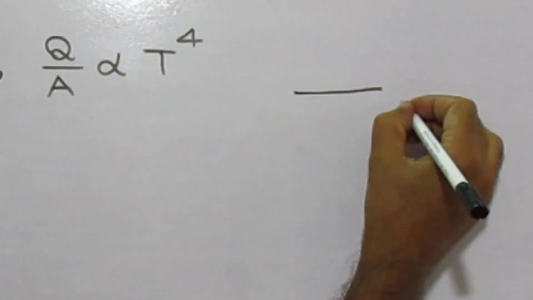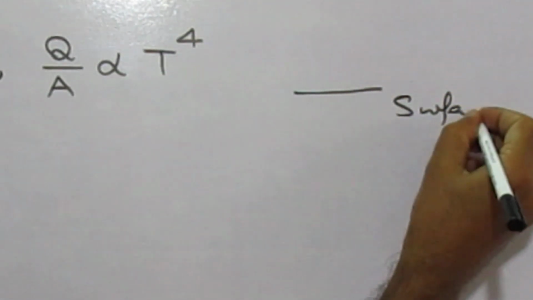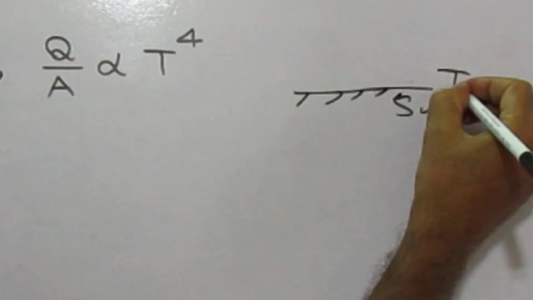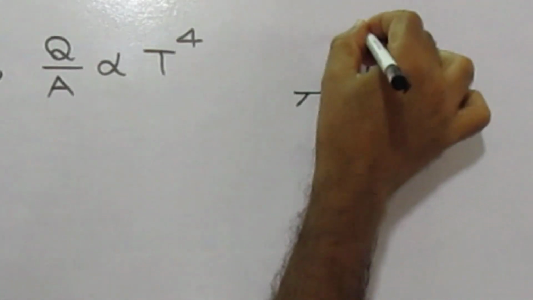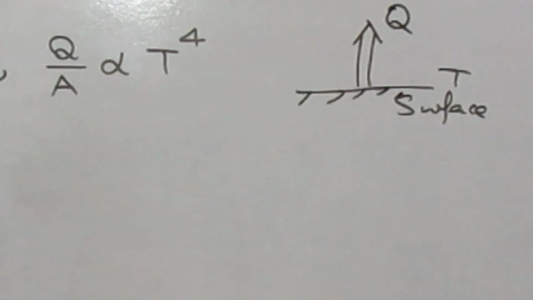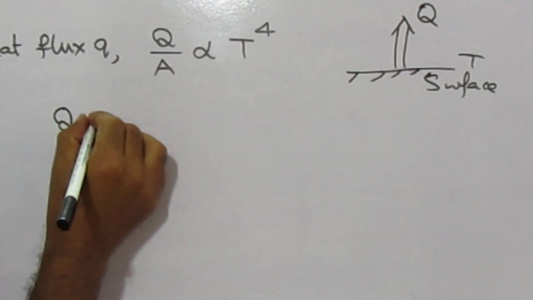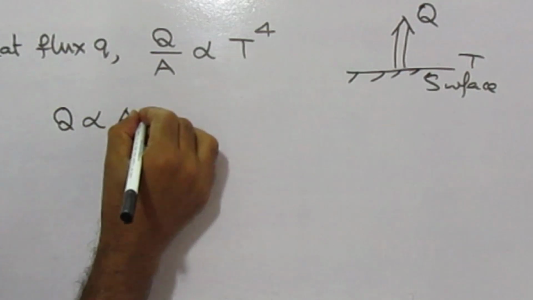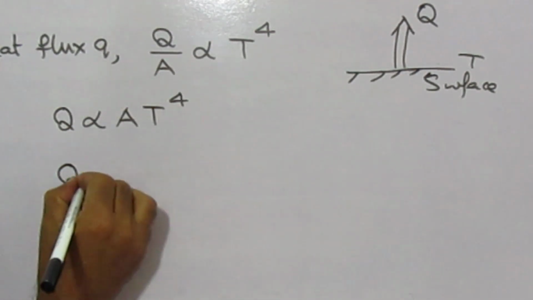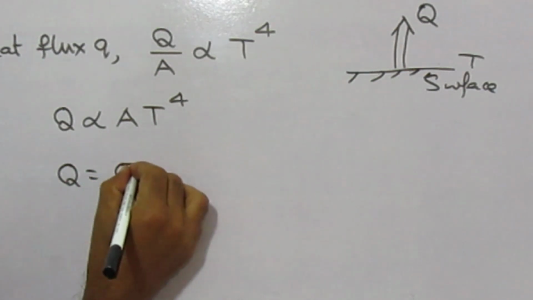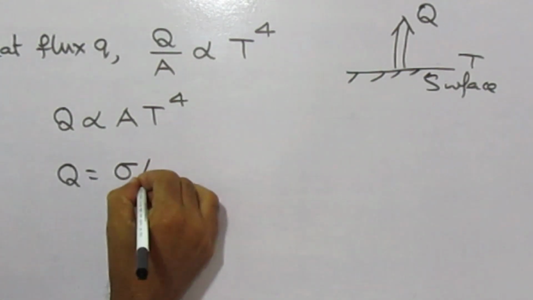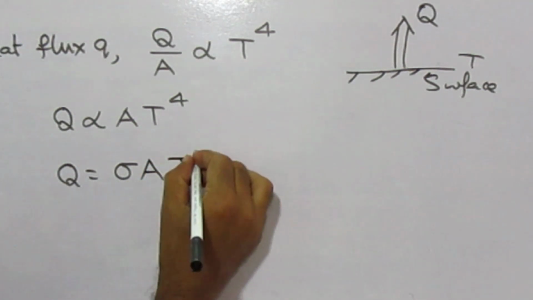When this is the surface of absolute temperature T, then heat transfer from this black surface Q is proportional to area into T power 4. Q equals sigma, a constant, which is called the Stefan-Boltzmann constant, into A into T power 4.